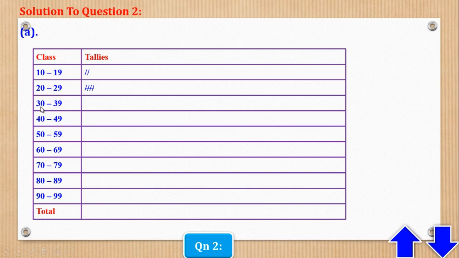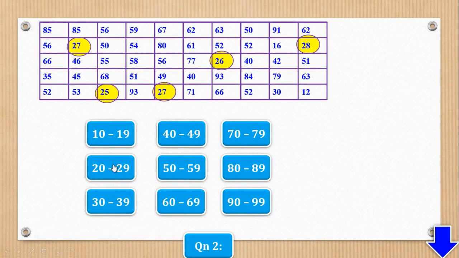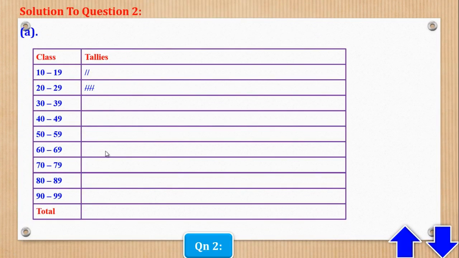Next, I'll look for the values from 30 to 39. Okay, so I'm going to first remove these ones, and then highlight the ones from 30 to 39, and there are only two values. So you come back here and put two tallies. Now next is the values from 40 to 49.